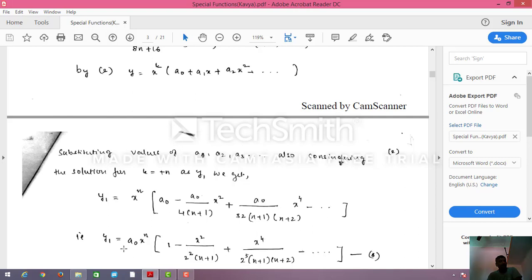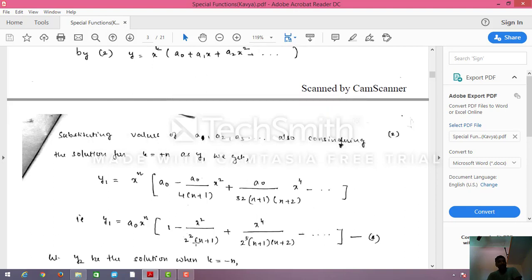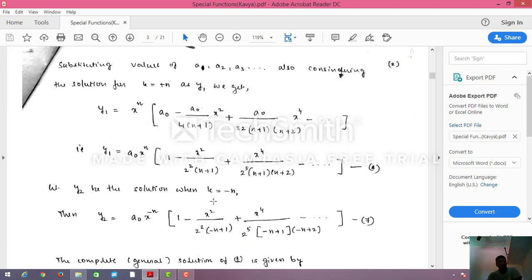Now y1 equals a0 into x power n, taking a0 outside: 1 minus x square divided by 2 square into (n plus 1), plus x power 4 divided by 32, which I write as 2 power 5 into (n plus 1) into (n plus 2), and so on. Similarly for k equal to minus n, I write y2 equal to a0 into x power minus n. It is the same case; wherever n is there, I put minus n.